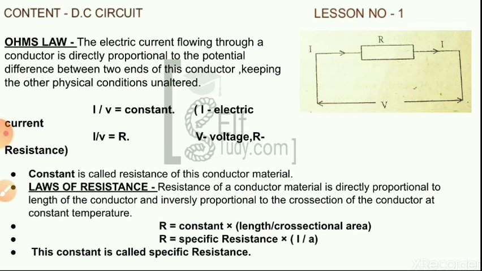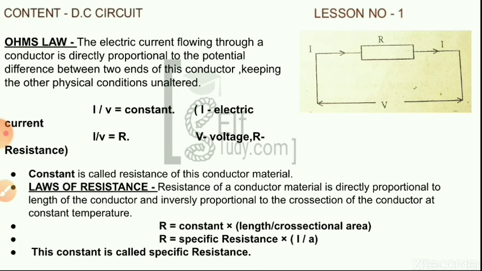Now the Ohm's law. George Simon Ohm, a scientist who defined this law. That's why it's called Ohm's law. The electric current flowing through a conductor is directly proportional to the potential difference between two ends of this conductor.